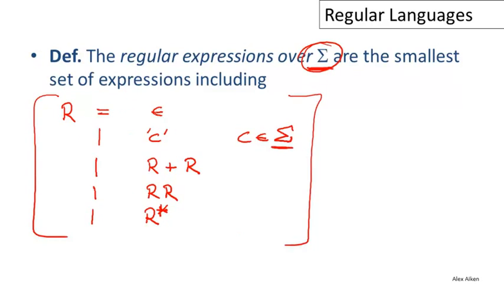Now, this syntax for describing the regular expressions, with these vertical bars and different cases on the right-hand side in this recursive definition of R, if you haven't seen this before, is called a grammar. That's not what this lecture is about, but we'll be talking about grammars when we get to parsing.